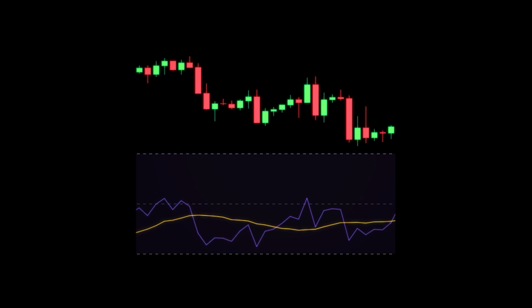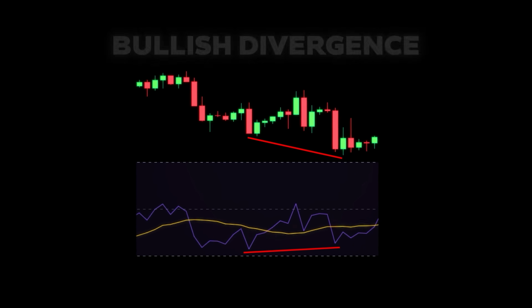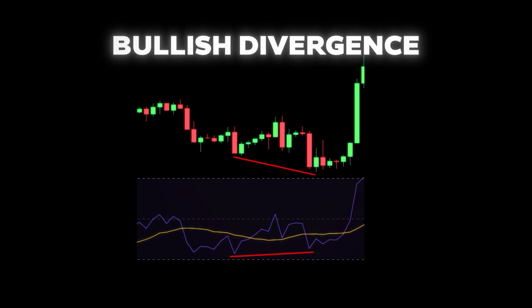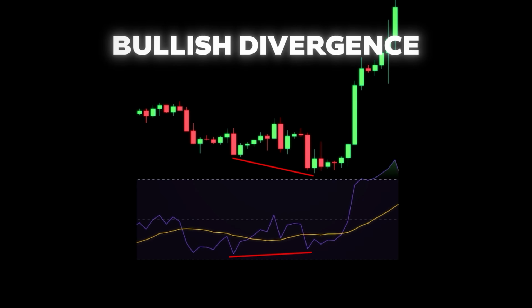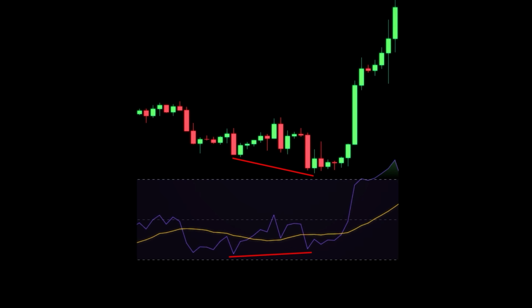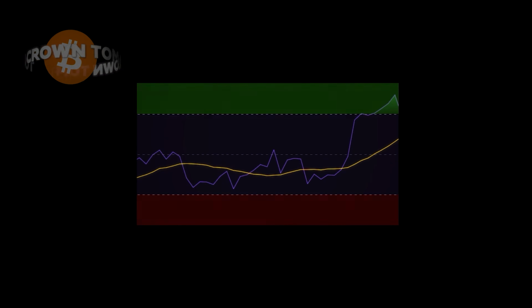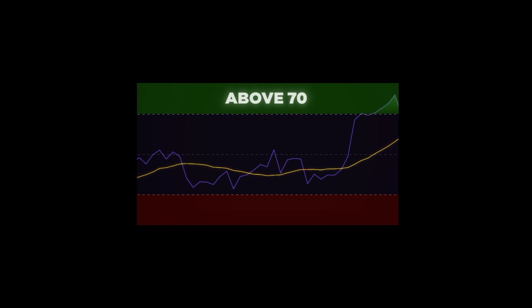When price makes lower lows, but RSI fails to do so, this could be a bullish divergence. In my opinion, this is one of the best ways to use RSI. And when it's combined with other tools, it becomes even stronger. These signals are strongest when they occur in extreme RSI zones, above 70 or below 30. That's when these levels actually matter the most in your trading.